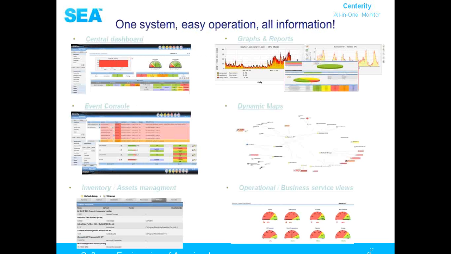So to summarize everything, you get one system, easy to operate, and you get all your information through a central dashboard, an event console. You get graphs, reports, dynamic maps, and the key is business service views, which allow you to manage your business more effectively.